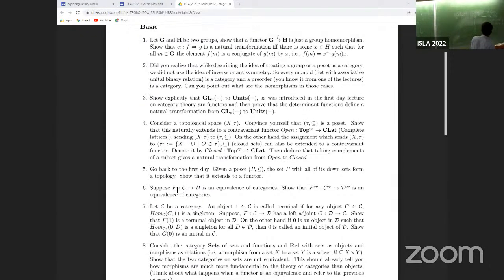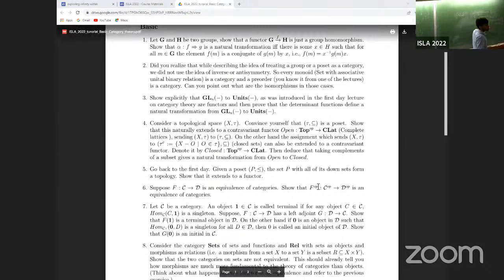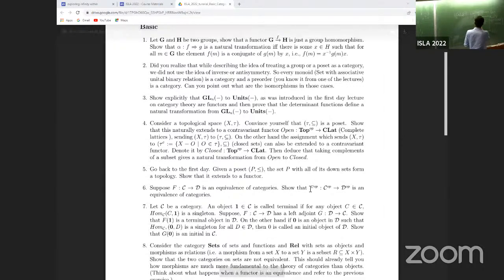So when I'm giving you an equivalence F from C to D, I'm also giving you another data to this, which is a functor from D to C. Now, if you understand what I mean by F op, then you understand that this is an equivalence. Do you understand how F op is defined?